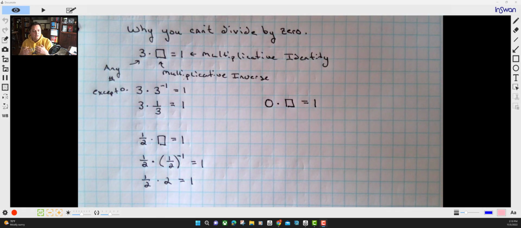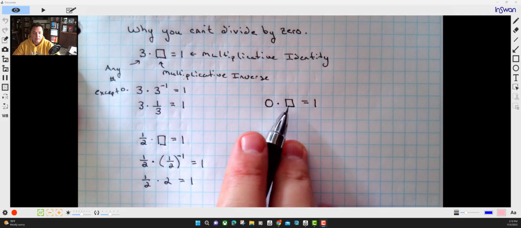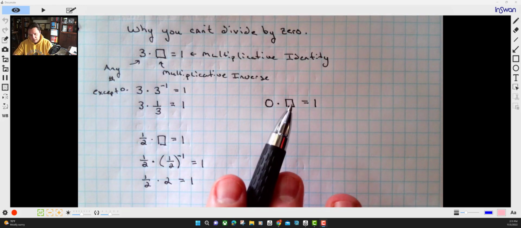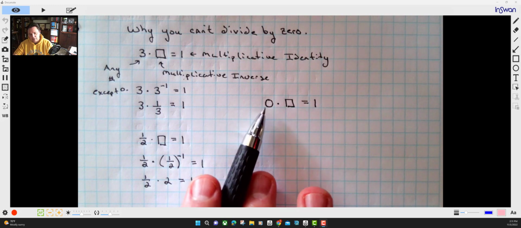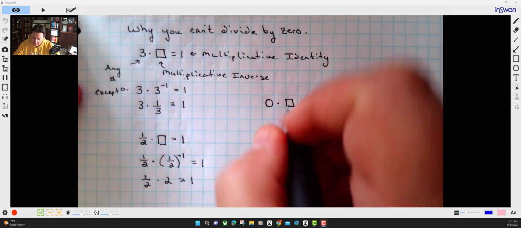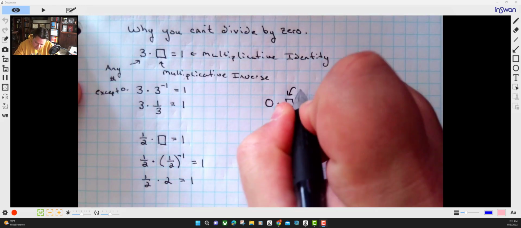Well, we have this property of 0 where 0 times anything gives us 0. So we're not even allowed to define this in our game, because in the rules and structure of our game, 0 times something always has to give me 0. It can't give me 1. So this can't be defined.